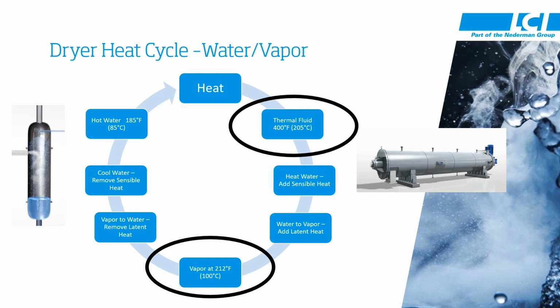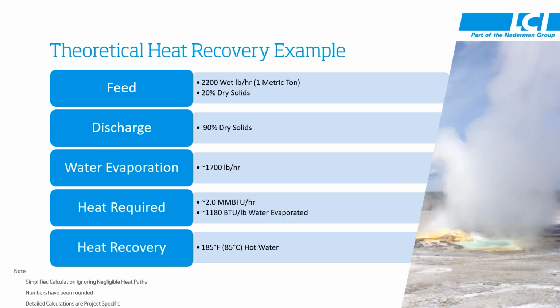The vapor then heads to the condenser, where it is turned back into water by removing latent heat and is also cooled by removing some sensible heat. In this case, we can get hot water out at about 185 degrees Fahrenheit to use for other processes. As always, heat is going to flow from high temperature to low temperature, and that is what we are showing in this diagram.